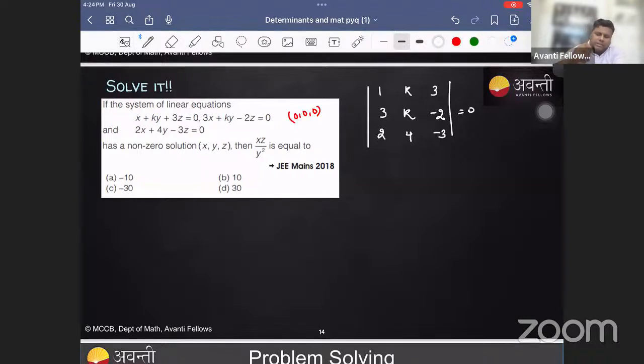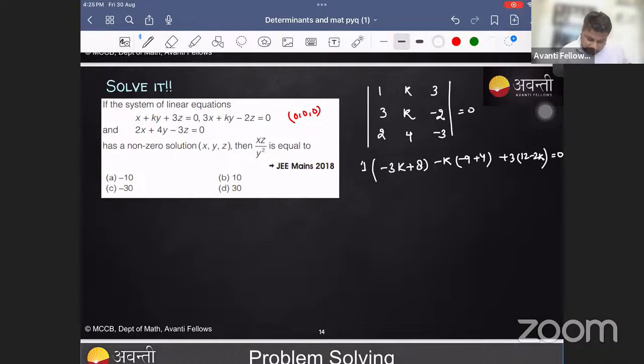Got it? Now without doing much effort, you just start expanding and solve it. You get 1 times minus 3k plus 8, minus k times minus 9 plus 4, plus 3 times 12 minus 2k equals to 0. I just expanded along the first column. All right.